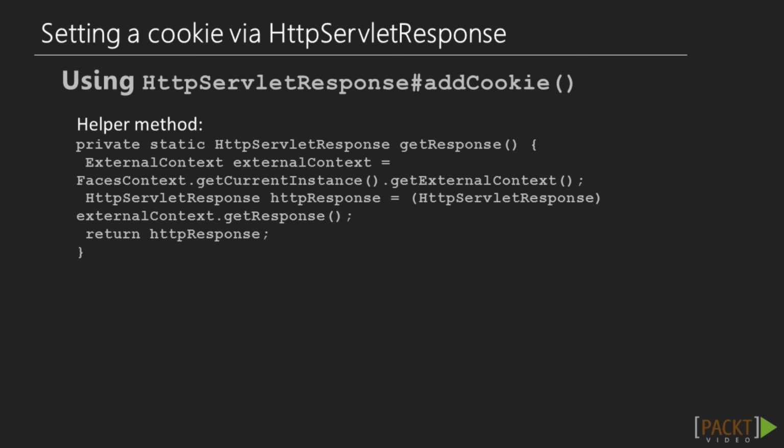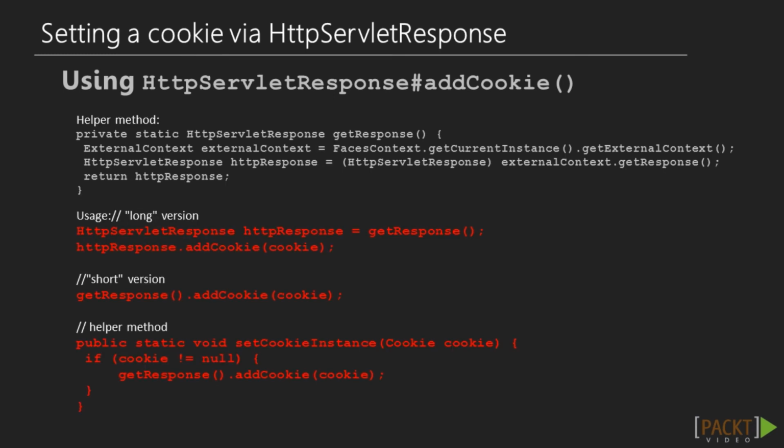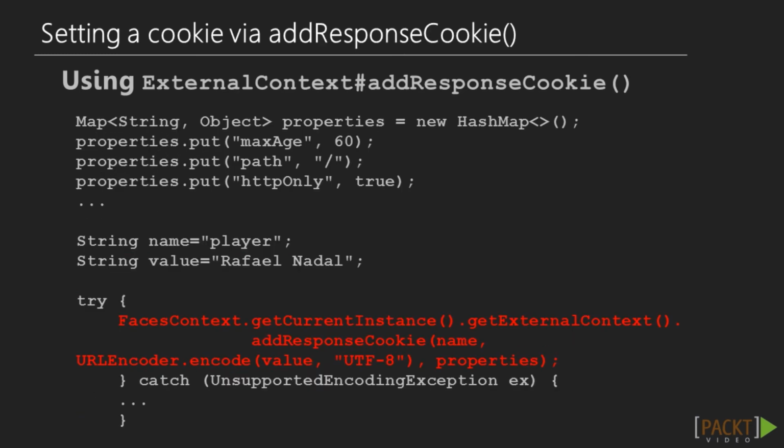Next, we need to add these cookies to the response, and for this we can use the addCookie method from the HttpServletResponse class. Since the code for obtaining the current response object is pretty verbose, we can write a simple helper method such as getResponse. Further, we can use this helper method to add cookies in the current response.